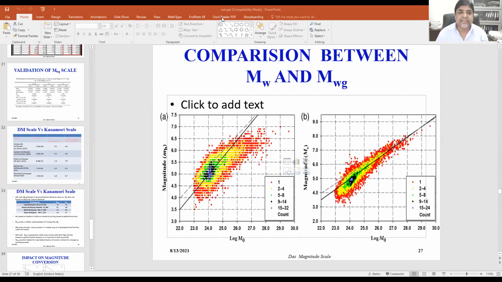It is the most downloaded paper, and therefore I request all of you here as audience to kindly start using the MWG DAS scale. Thank you very much.